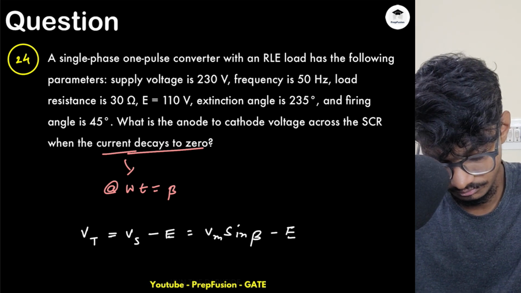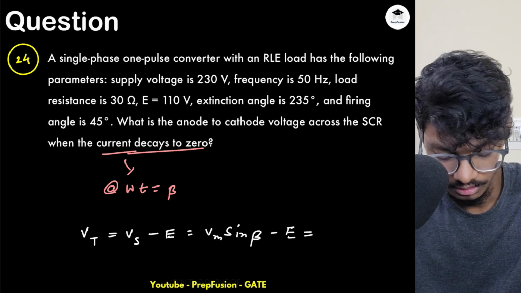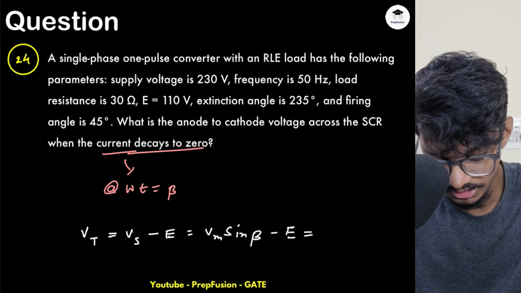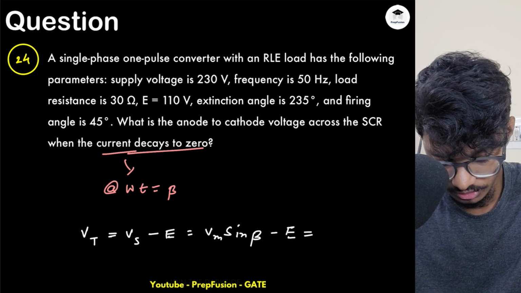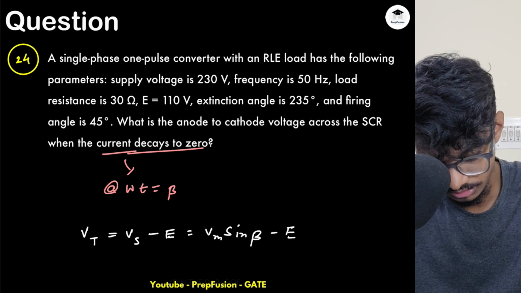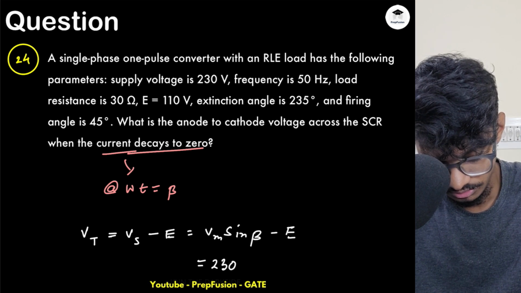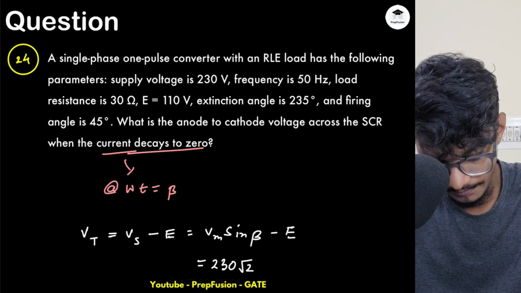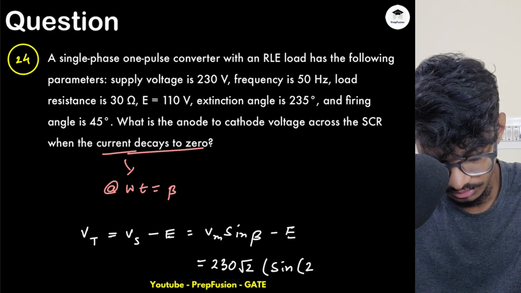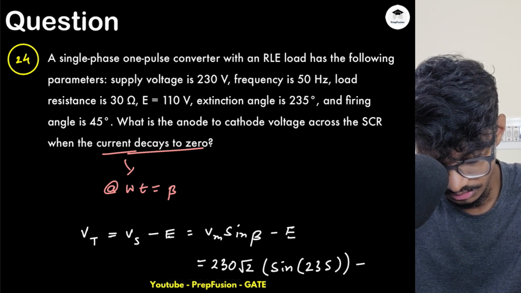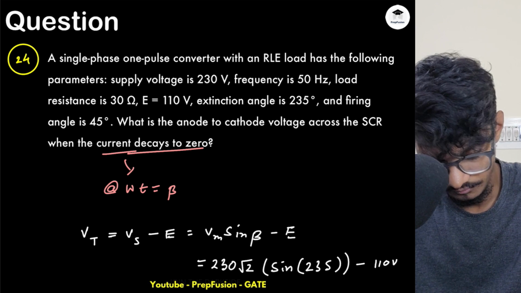So here, Vm sine beta minus E, Vm is 230 root 2, sine 235, minus E is 110 volt.